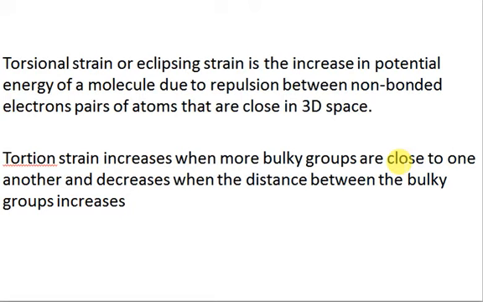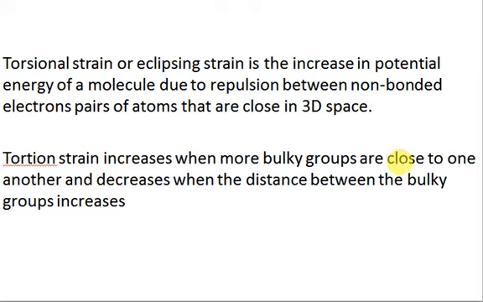The major reason is the angle strain, because there is a large deviation of the cyclic system from the ideal bond angle. In cyclopropane, instead of a bond angle of 109.5 degrees, it has a bond angle of 60 degrees, while in cyclobutane, instead of 109.5 degrees, it has a bond angle of 90 degrees. Because of this deviation, these systems are highly unstable.